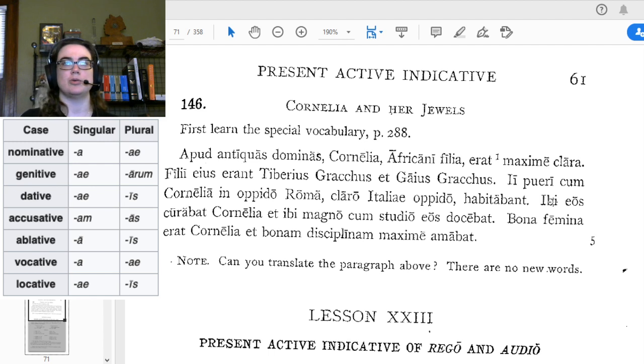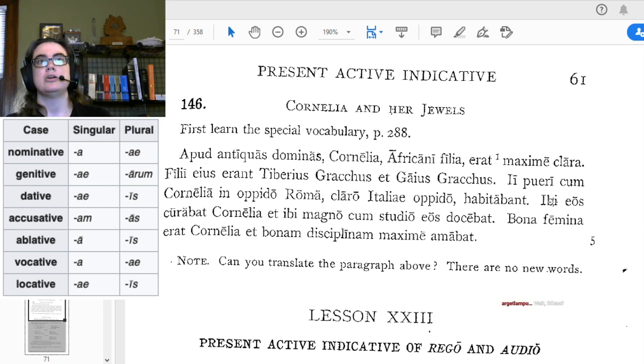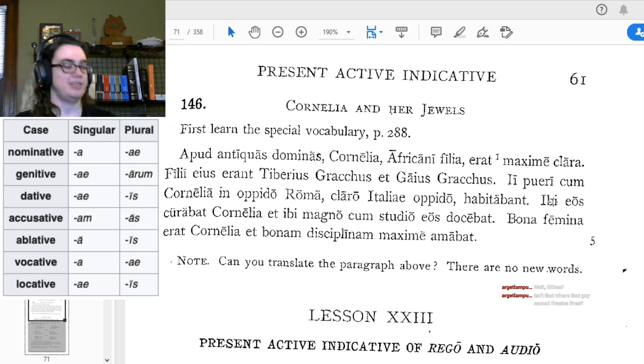Okay, I think we know what Rome is. There, Cornelia cared for them and was teaching them there with great zeal. Okay, great. Cornelia was a good woman, and she especially loved good discipline. The end.